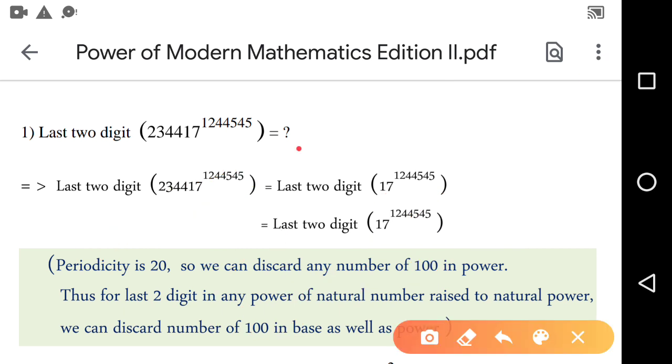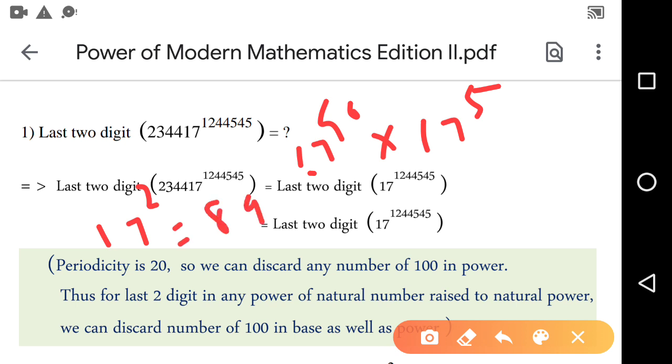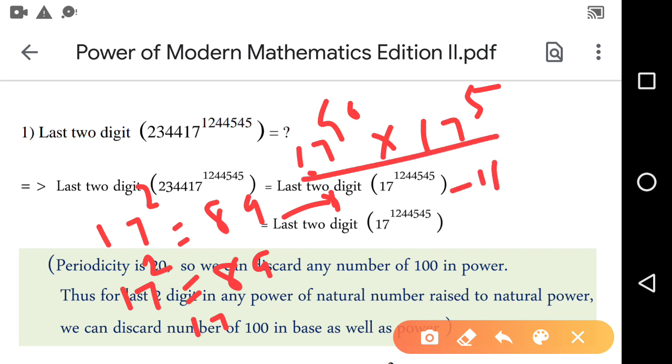So now 17 raised to 40 ends with 01, and we have to multiply it by 17 raised to 5, which is nothing but 01 into 17 raised to 5. Now 17 squared ends with 89, and we have to multiply by 17 again. We can consider minus 11, because ultimately we are calculating the remainder when divided by 100.